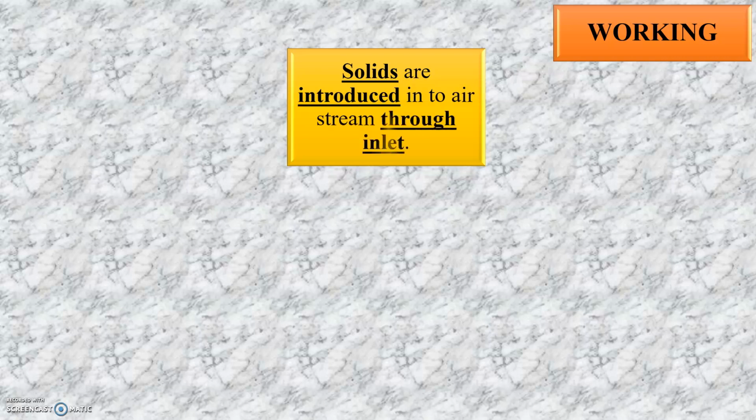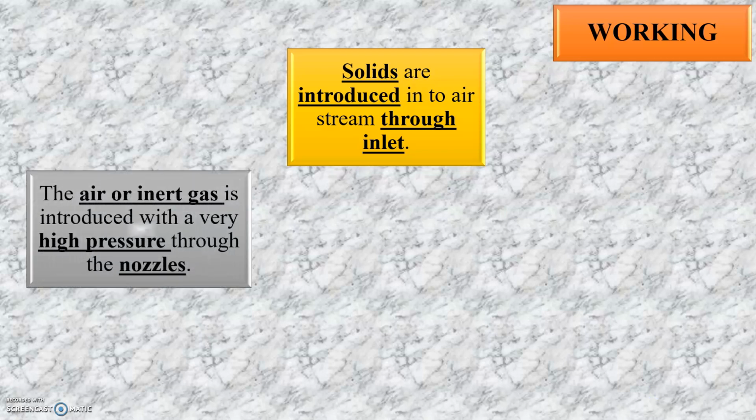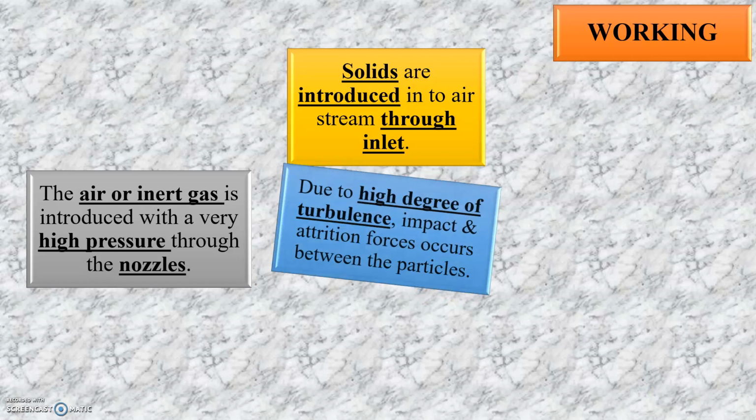Now let us see the working of fluid energy mill. Solids are introduced into air stream through the inlet. The air or inert gas is introduced with a very high pressure through the nozzles.